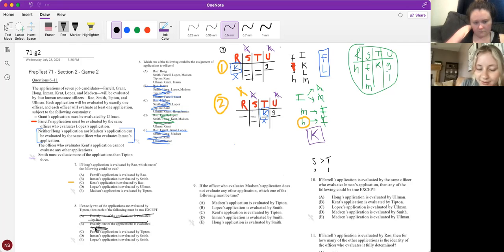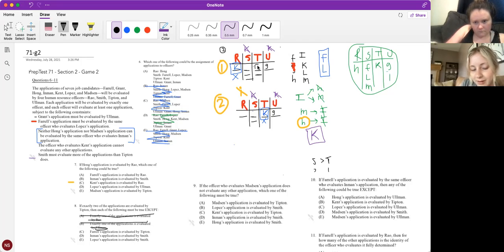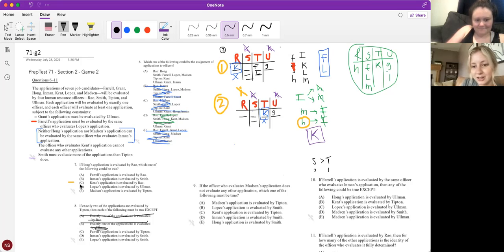F's application is evaluated by T. If you put F there, then L would go there also. But that would leave I and M and H together. Awesome. So that would not happen.